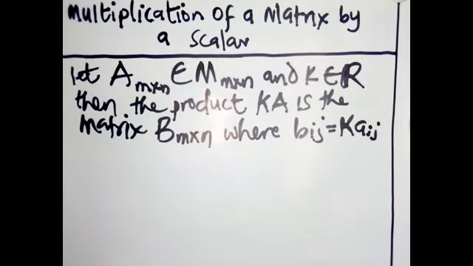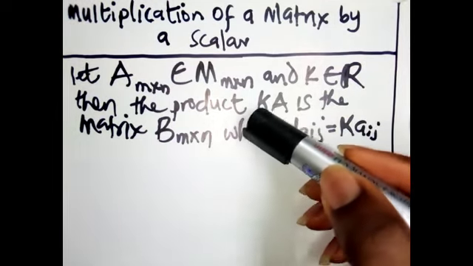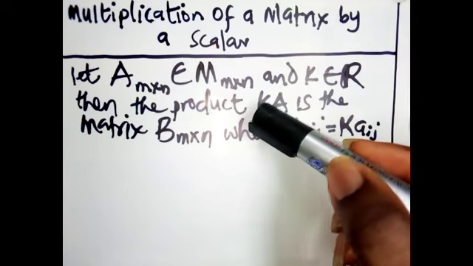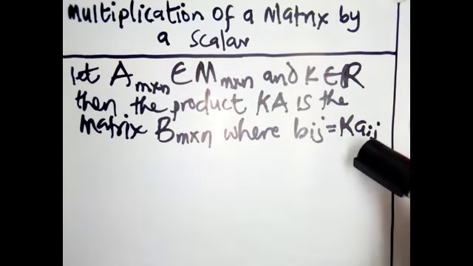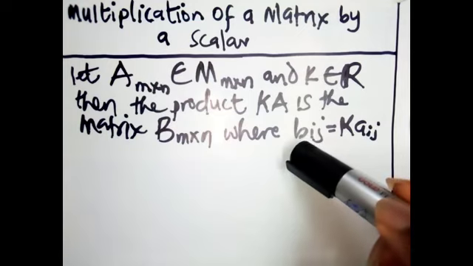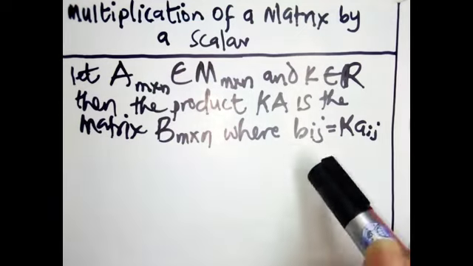Okay, so when a matrix is being multiplied by a scalar, then that scalar will multiply all the elements of the matrix to give us a new matrix B, whose elements are Bij.